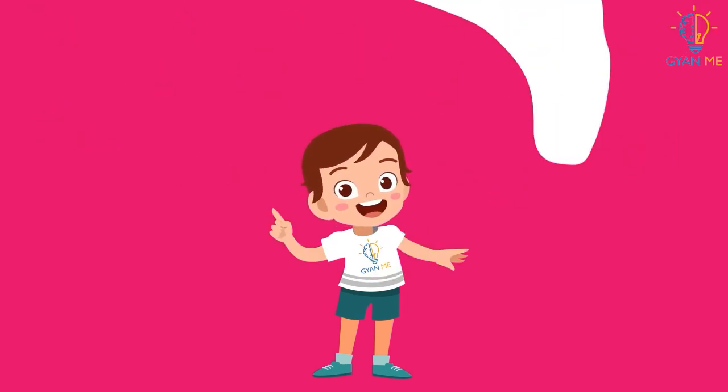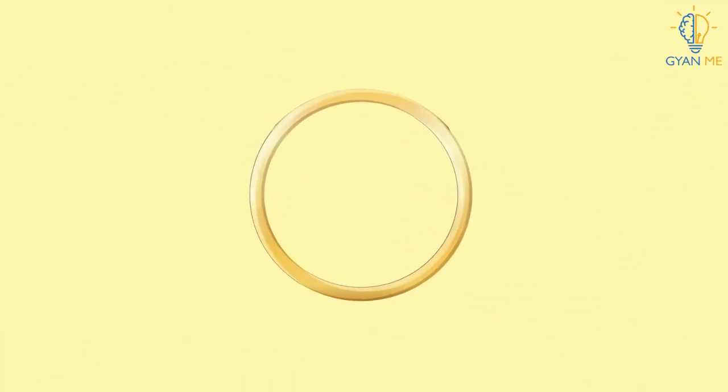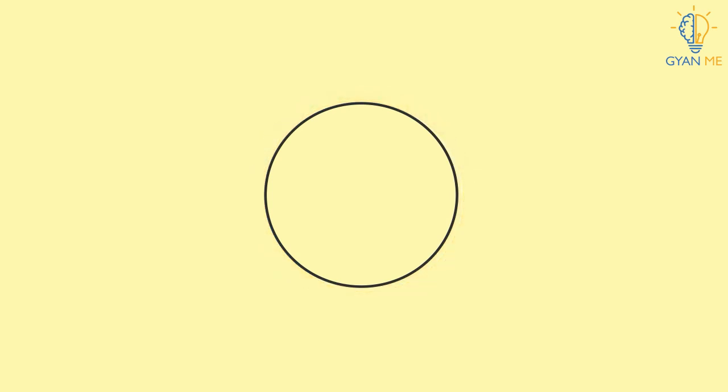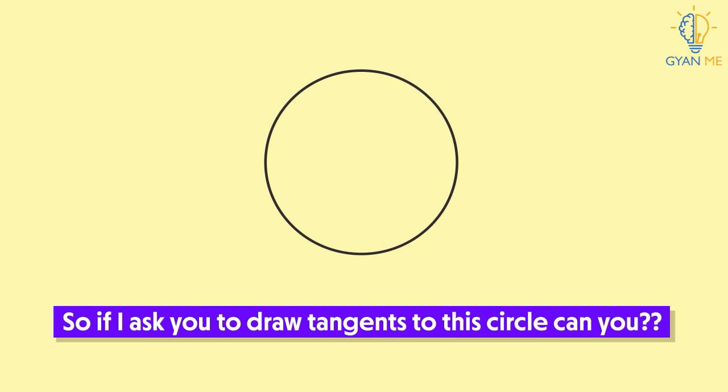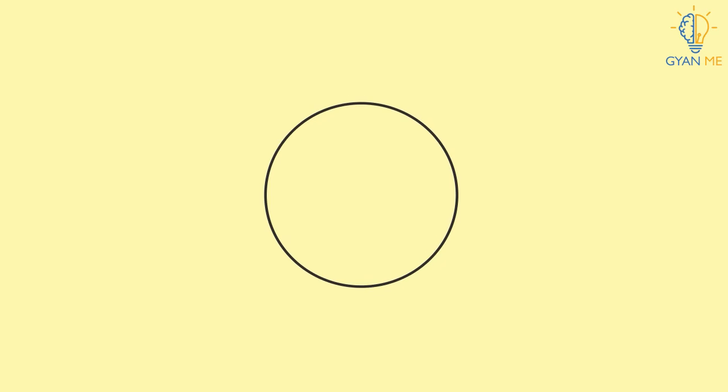It's simple. Take a bangle and draw a circle. Here, we will not have its center. So if I ask you to draw tangents from an external point to this circle, can you? Let us see in such a condition how we can draw tangents to this given circle.